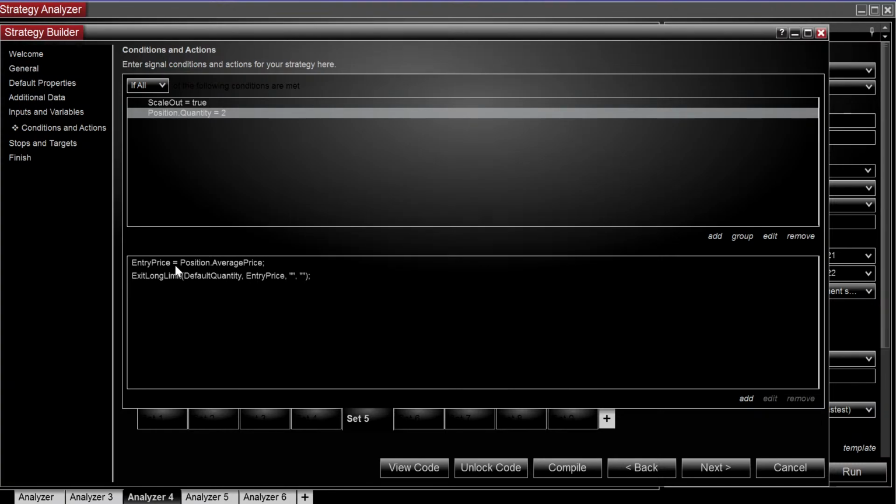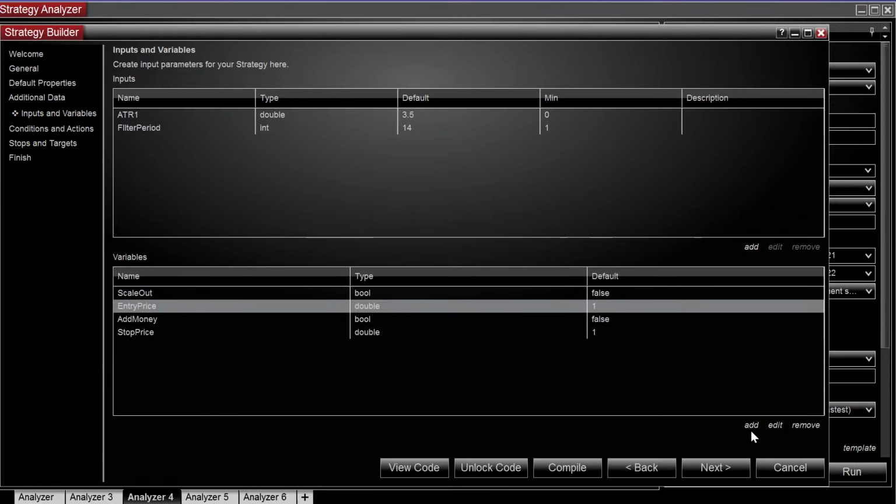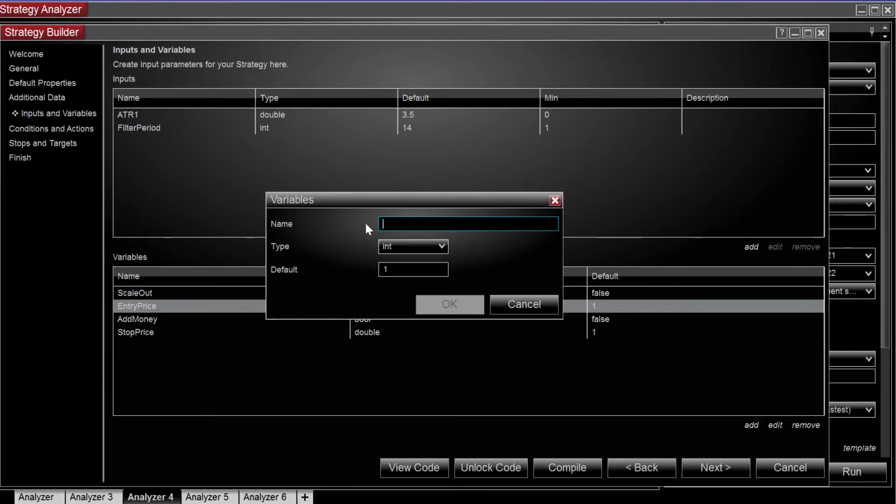Now we have another variable, which we called entry price. So you would add, type in entry price, do double, leave the value at default.